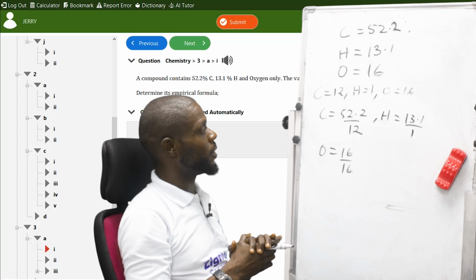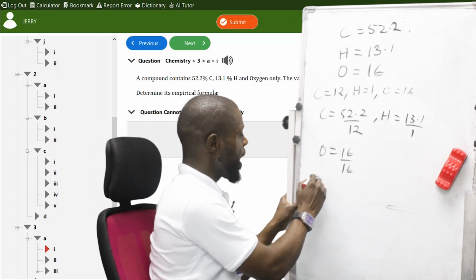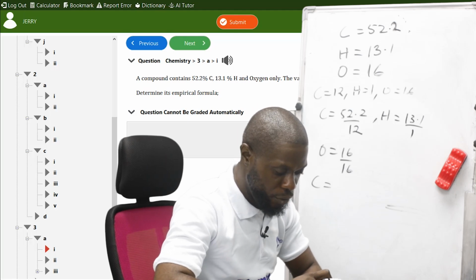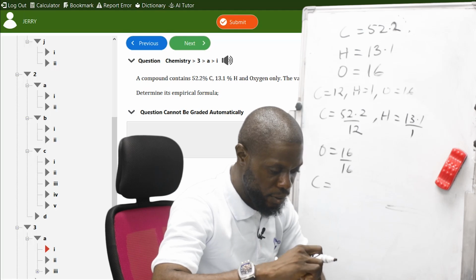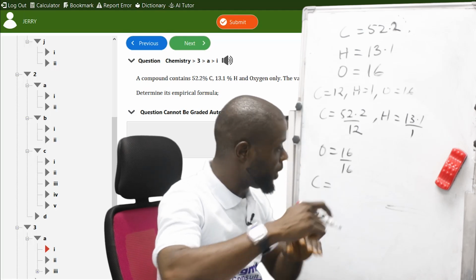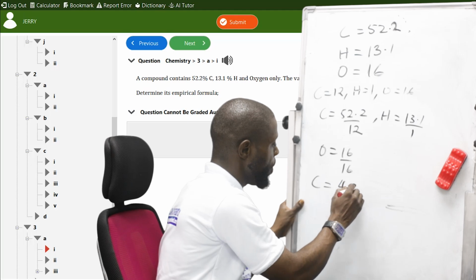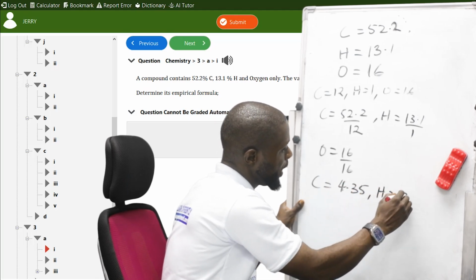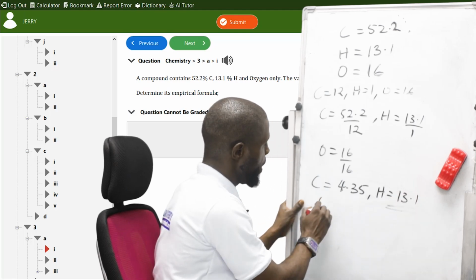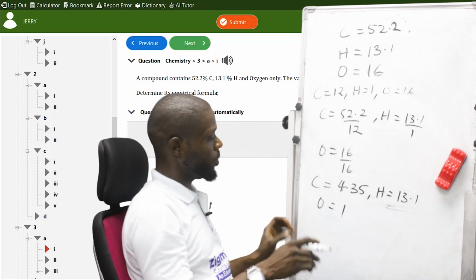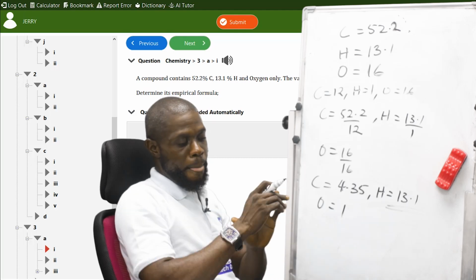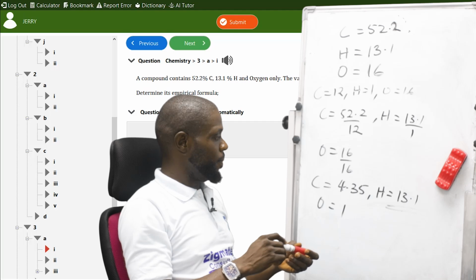So carbon is 52.2 divided by 12, which is 4.35. Hydrogen is 13.1. And oxygen is 1.